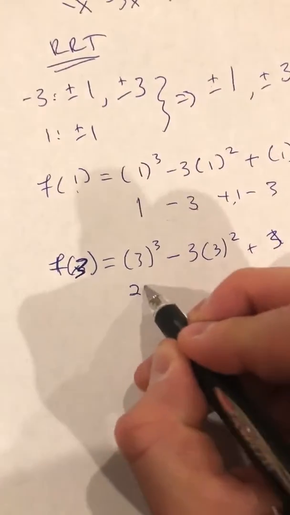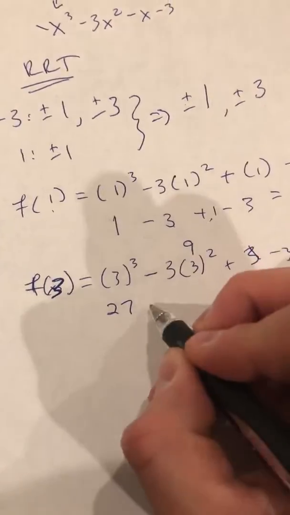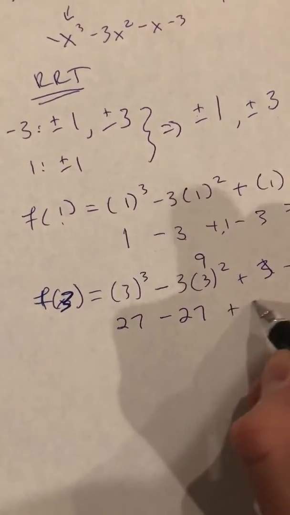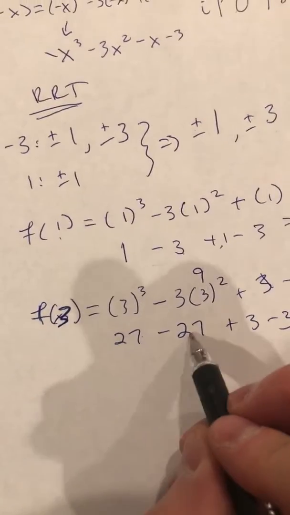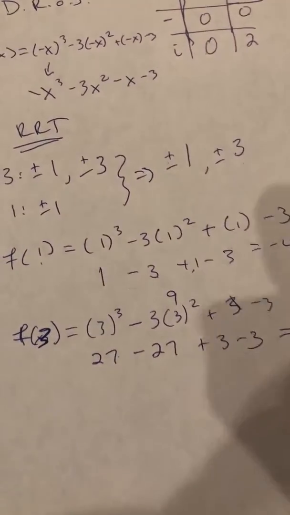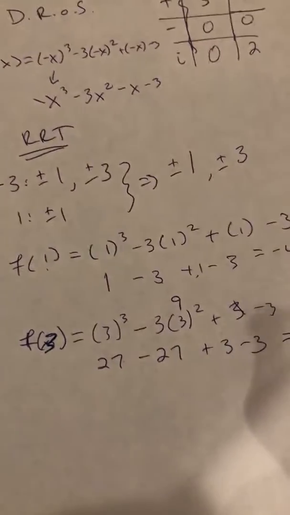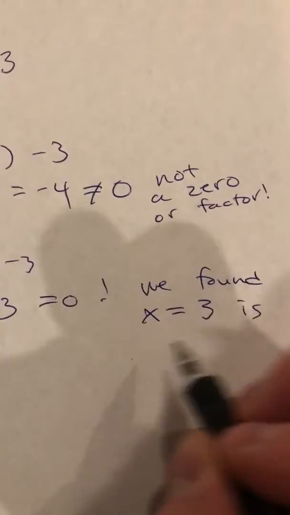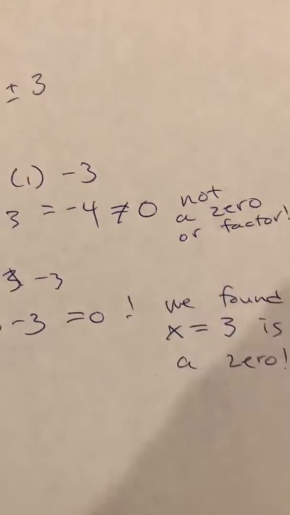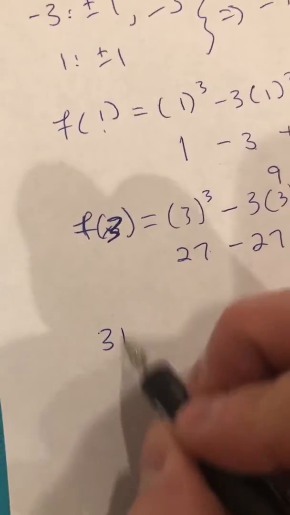So 3 to the third is 27. 3 squared is 9 times 3, that's going to be minus 27, plus 3 minus 3. 27 minus 27 is 0, plus 3 is 3, minus 3 is 0. That means that we found that x equals 3 is a zero. Okay, woo! So let's do some synthetic division now to figure out the other factors.